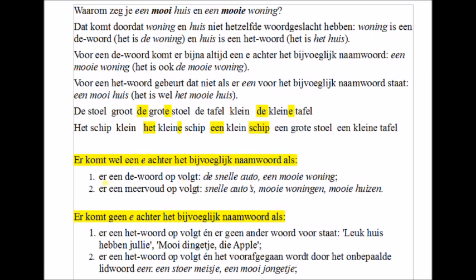Here we have a first rule: er komt wel een e achter het bijvoeglijk naamwoord als er een de-woord op volgt, so with a de word. So, "de snelle auto", "een mooie woning". And when it's plural, the second rule, er een meervoud op volgt, it's always with e. "Snelle auto's", "mooie woningen", "mooie huizen". So plural is also always with e.